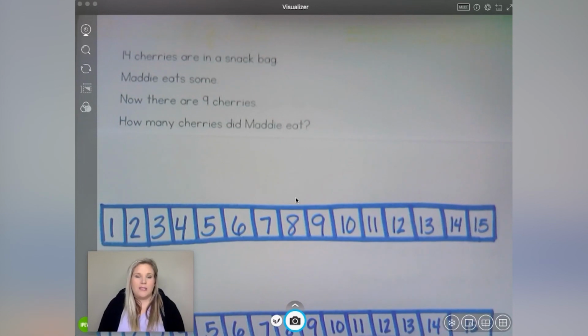What tool do you think we are going to use to help us solve this problem? Yes, we are going to use our number path today to help us solve this problem. We can either count on or we can count back to solve this. How many cherries did Maddie start with first?